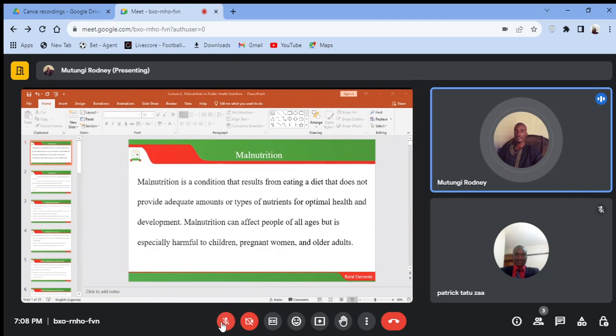So if someone is having stunting or they are short for their age, their height is too short for the age that they have, and the condition, which is called stunting, could go on to affect more than that physical growth, but also how they function mentally. Okay, so that is why we emphasize such interventions to reduce malnutrition.